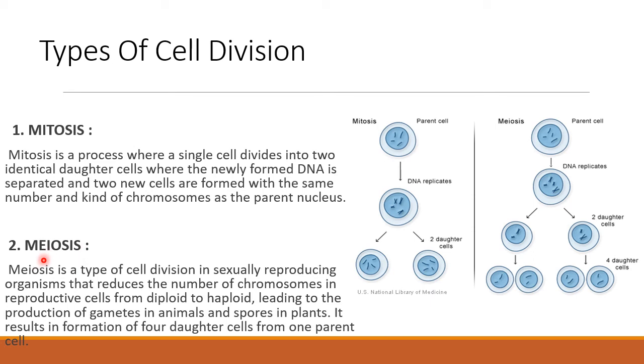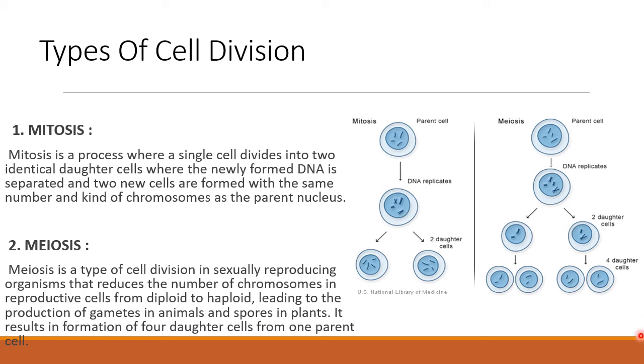So meiosis is a specialized form of cell division in which a single cell divides twice. The division happens in two stages to form four daughter cells that possess exactly half the number of chromosomes of the parent cell.